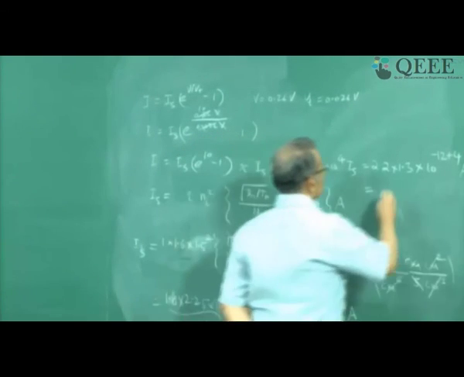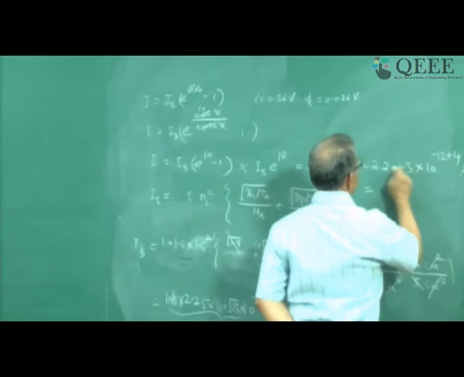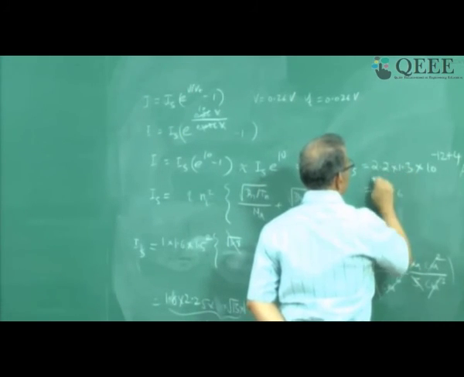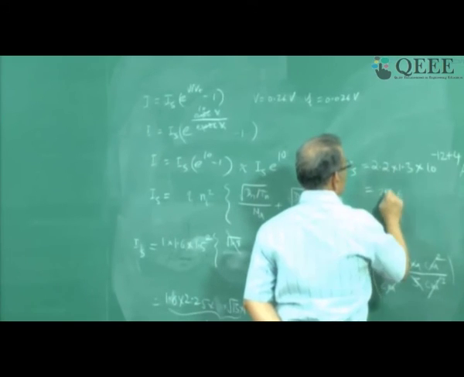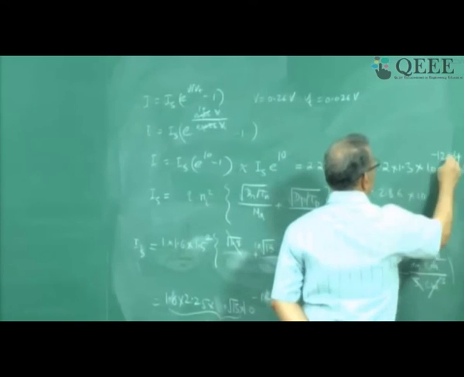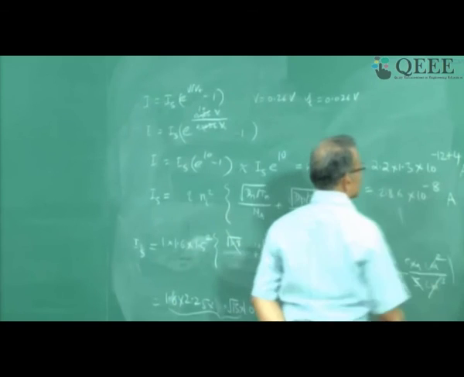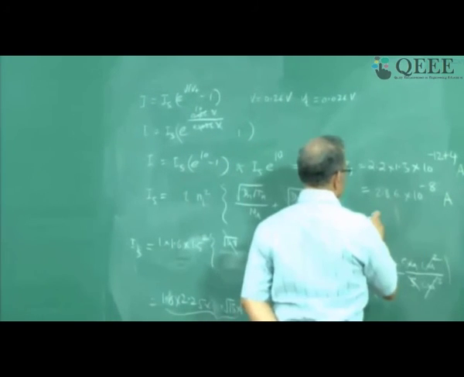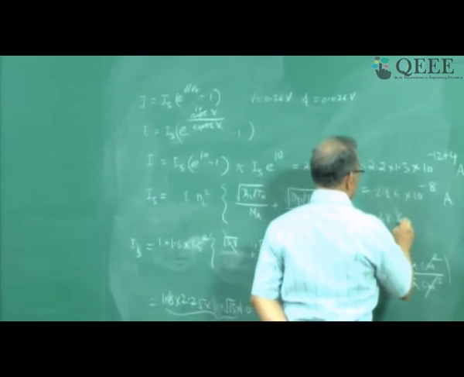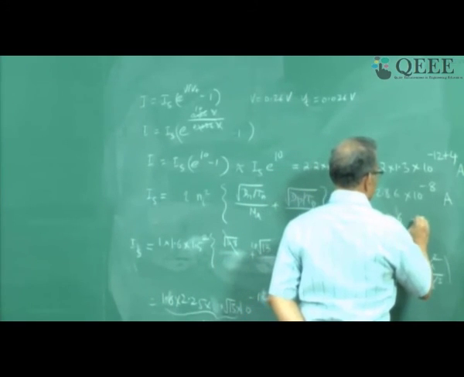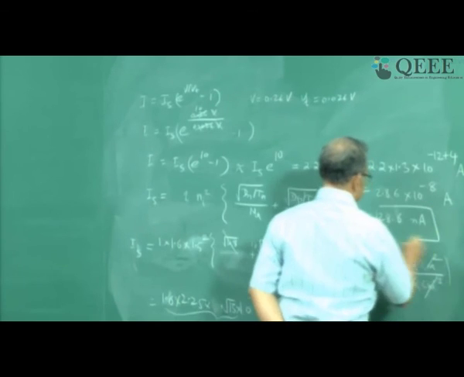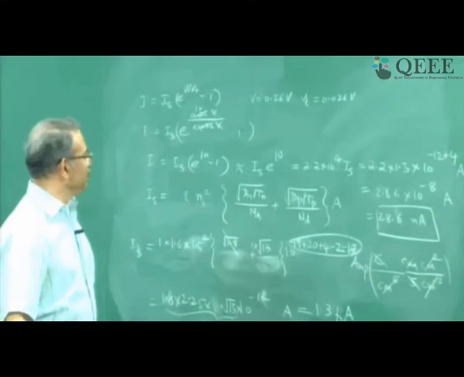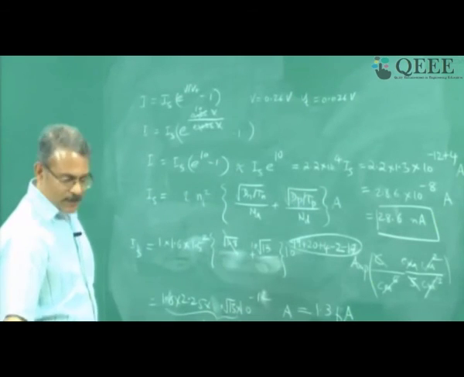So this is, I can take 13, 13 twos are 26, I have 2 left, 13 twos are 26, 28, 2.86 into 10 power minus 8 amperes. Now we know that 10 power minus 9 is nanoamperes, therefore we can write this as 28.6 nanoamperes. This is what is my answer, right? 28.6 nanoamperes. So that is the current.